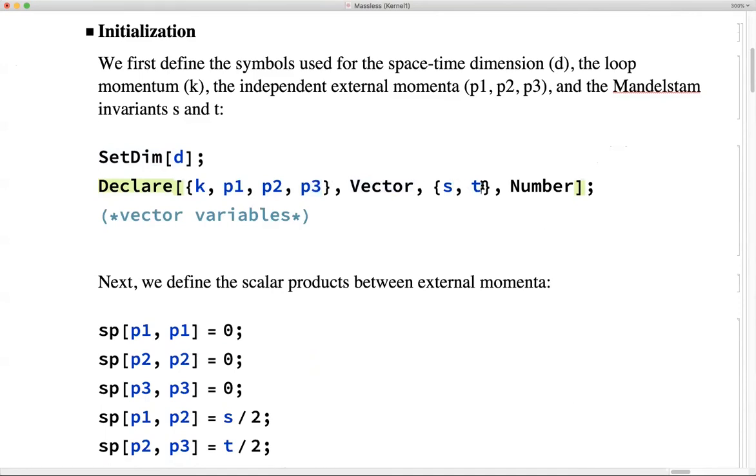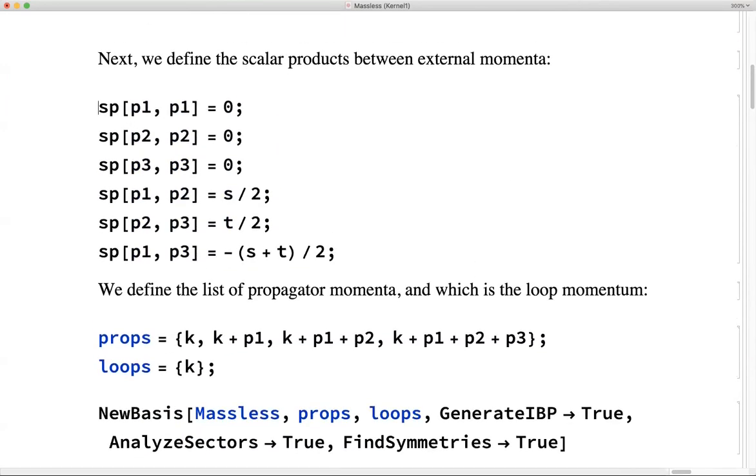And S and T are numbers. There's also the Mandelstam invariant U, which however is minus S minus T, so I don't need it. And I also don't need P4 because by momentum conservation P4 is minus P1 minus P2 minus P3. I also have to define all my dot products between external momenta. P1 square is 0, P2 square is 0, P3 square is 0.